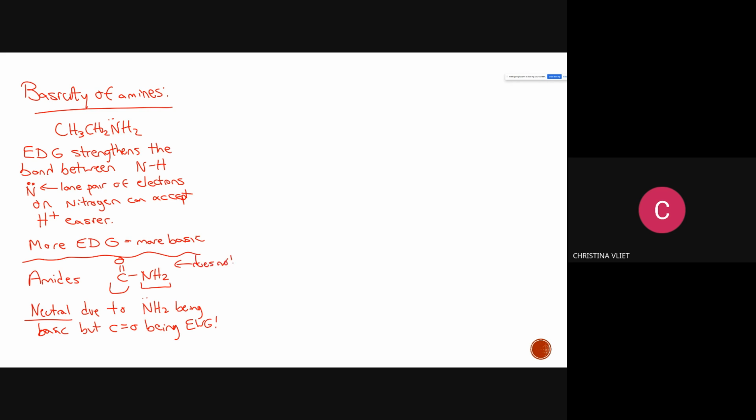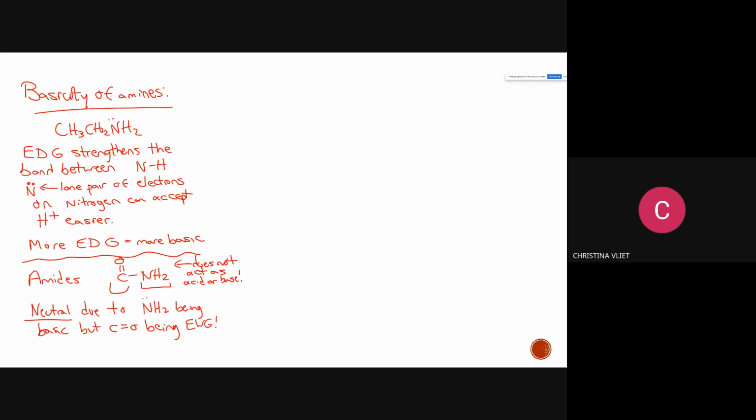Leave the amides alone. First, you have to know you have an amide, and then you have to know to leave it alone in an acid-base reaction. That's one way they try to trick you in questions. They'll give you an amine in one part of the molecule and an amide in another part, and you have to know to react with one part but not the other. So that's important that I wanted to bring up.